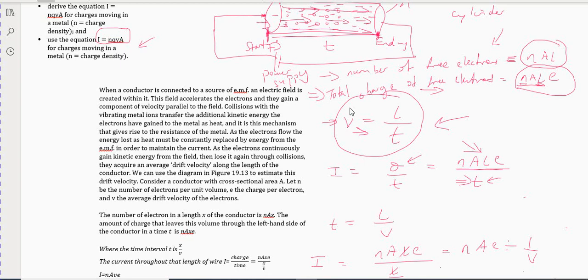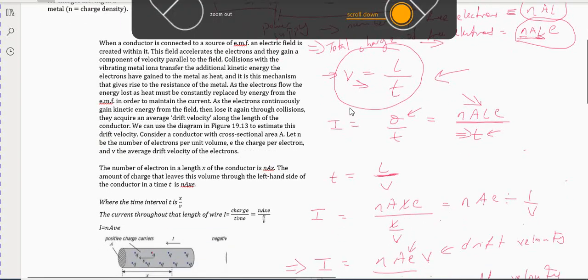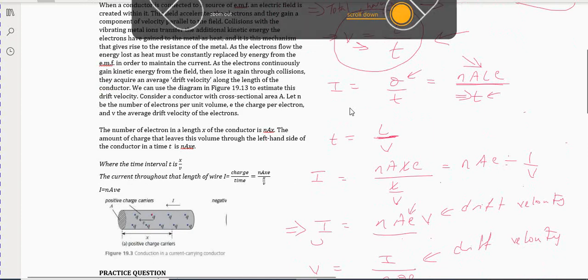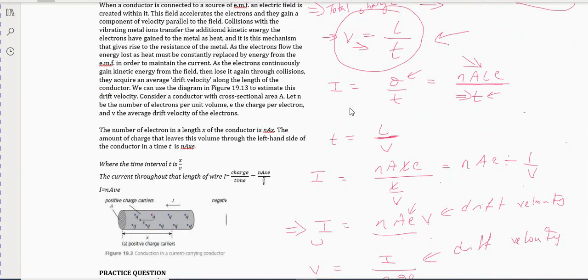And when we do that, we get an equation that says T is equal to L over V. This is what you're looking at here. And we can now go ahead and substitute that into our equation.